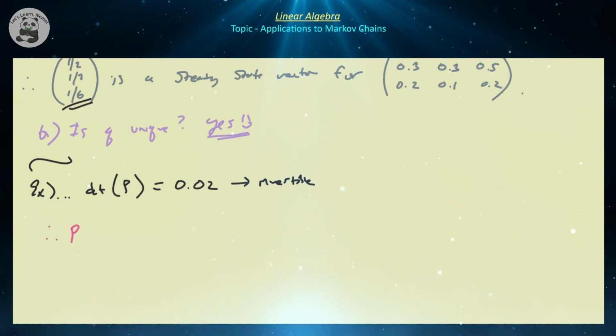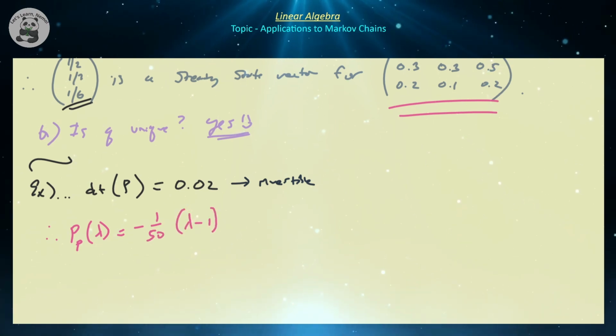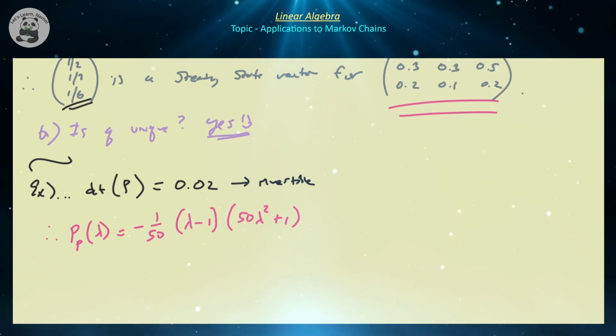So if we find the characteristic polynomial of this matrix P, which is a polynomial of variable lambda, one can find for our particular stochastic matrix that it's equal to negative 1 over 50 times lambda minus 1 times 50 lambda squared plus 1, once you factor that cubic out.